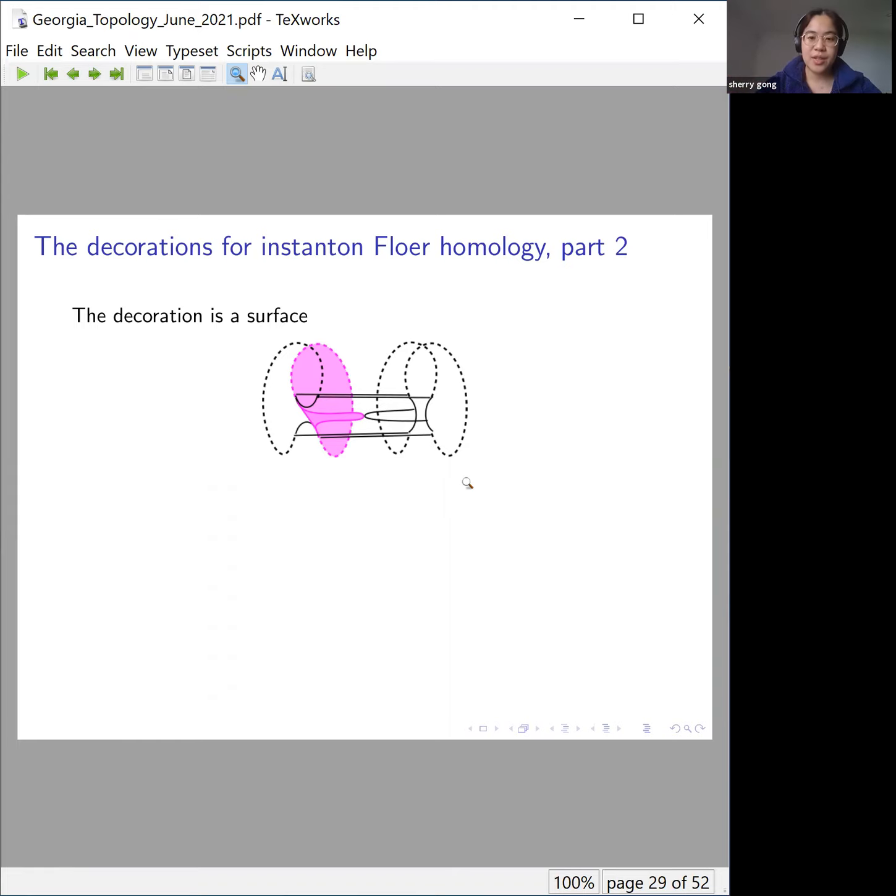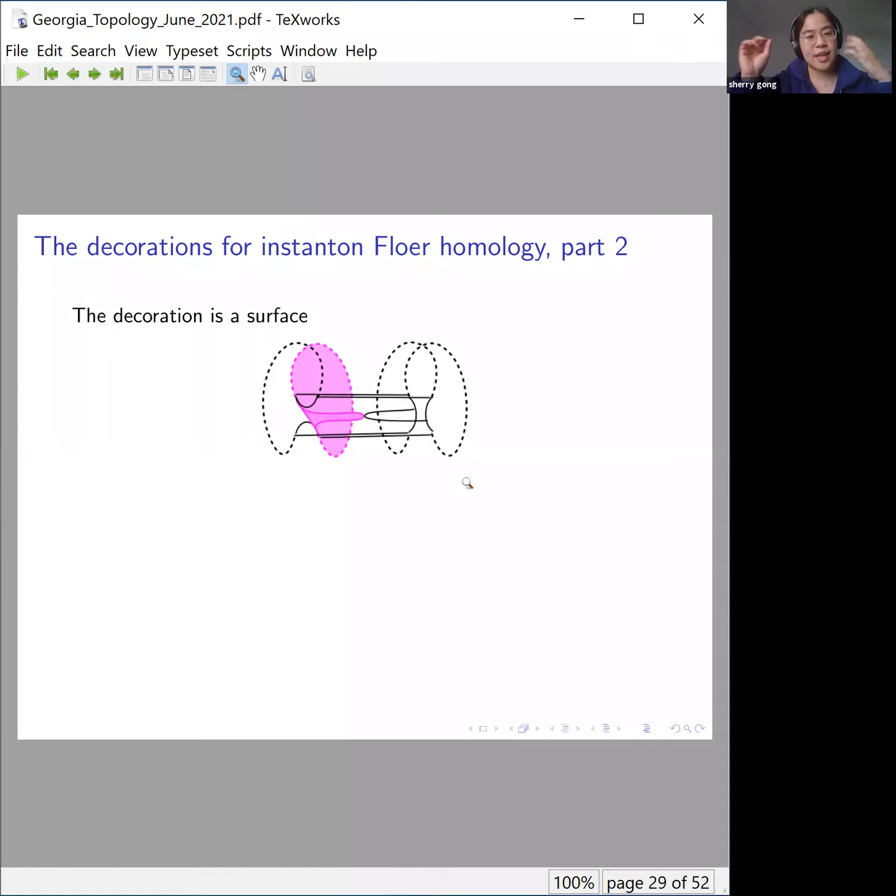Let me just take a step back. In order to induce a map on instanton Floer homology, you need a cobordism with this extra singular bundle data. The singular bundle data is usually taken as a surface in S3 times I. You can take it to have boundary, but the boundary has to be on the cobordism, and it has to meet the cobordism cleanly, sort of transversely, basically like this.